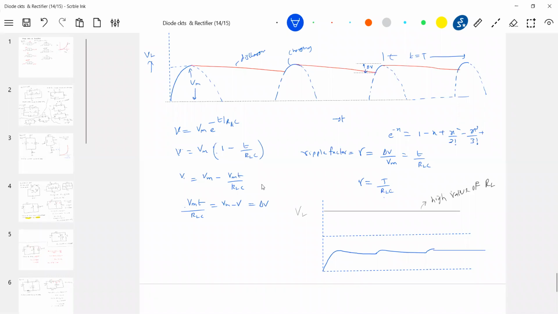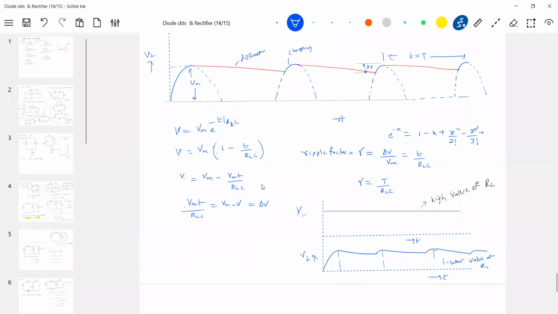So there's a charging phase. See, everything is in one systematic line of thinking here.